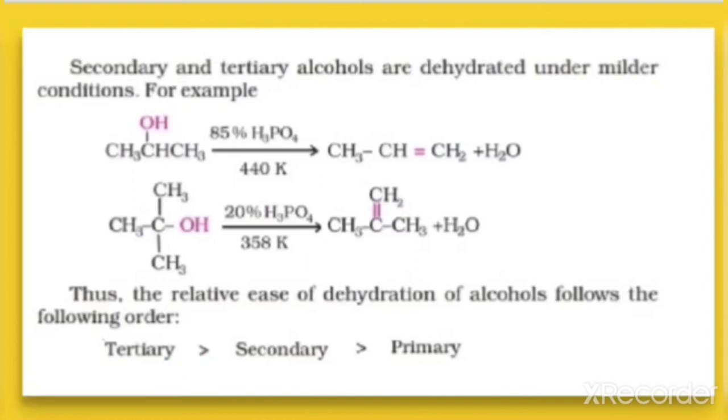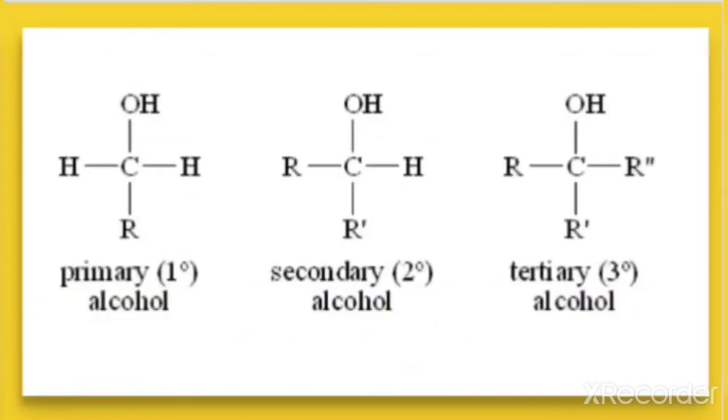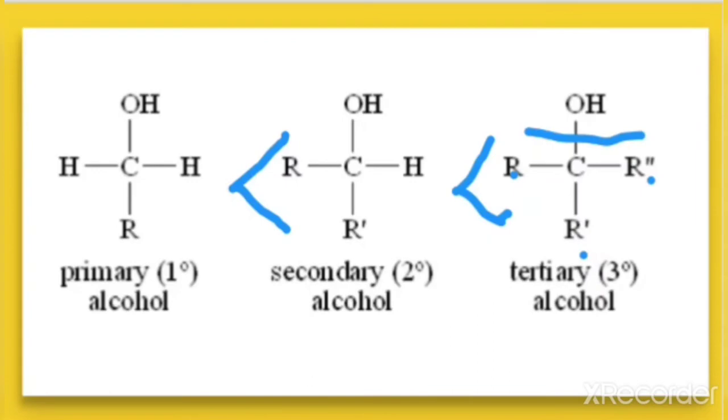We have discussed that the cleavage of the CO bond takes place, and the reactivity depends upon the number of alkyl groups. In the case of tertiary alcohol, there are 3 alkyl groups, so this cleavage takes place more easily compared to secondary and primary. That means tertiary is more reactive than secondary, and secondary is more reactive than primary.